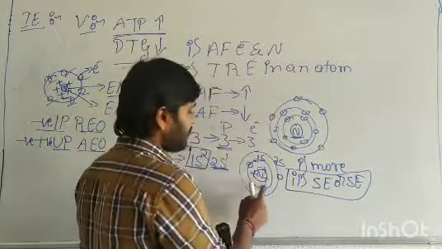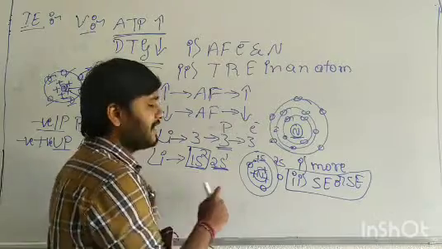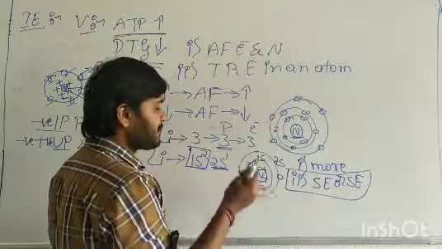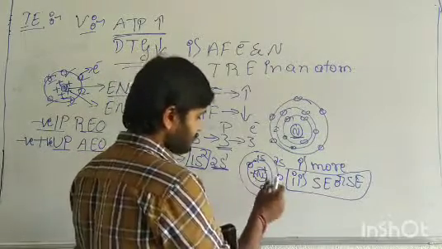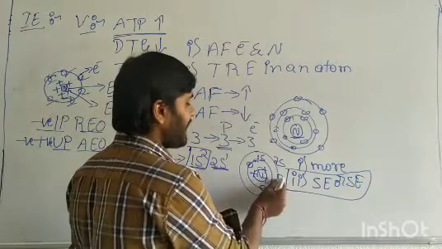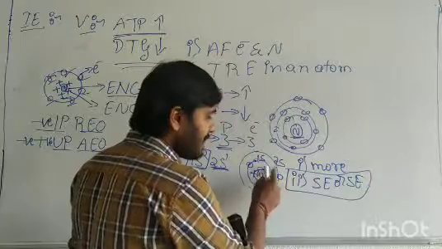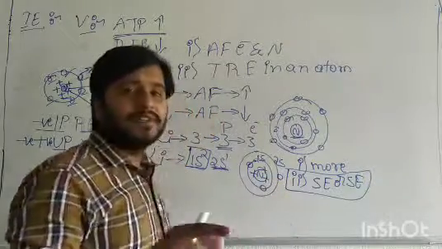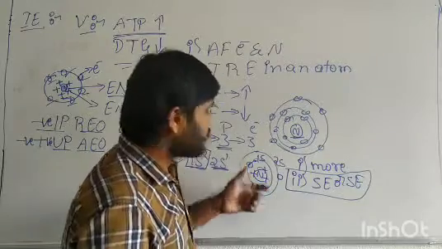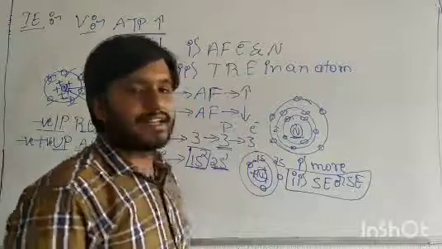Because these 1s2 electrons are inner electrons, they act as a screen for the development of the attractive force between your positively charged nucleus and the outer electron, so the net charge experienced by the 2s electron will be less because of the screening effect made by the 1s electrons.